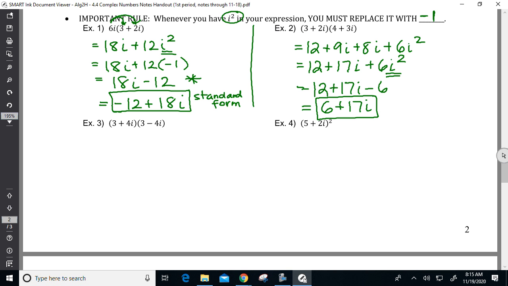a couple variations with multiplying. So example 3, either 3 plus 4i and 3 minus 4i, where the only thing that's different is the sign in between. I'll put a star by that one because we're actually going to see this problem again in a few minutes, but we still do distributive property, FOIL. 9 minus 12i plus 12i minus 16i squared.